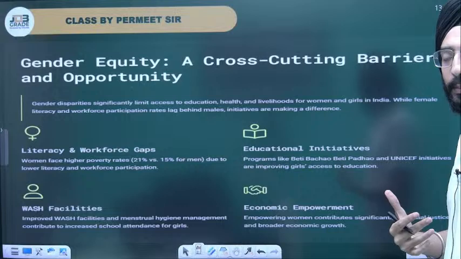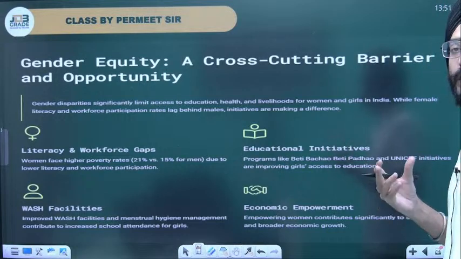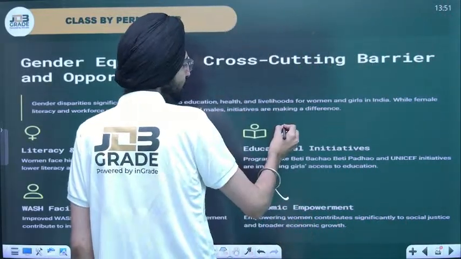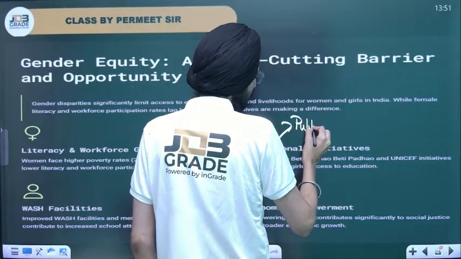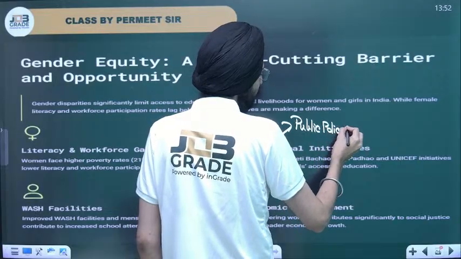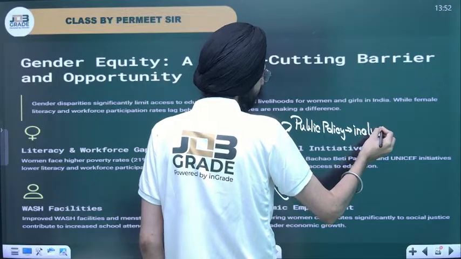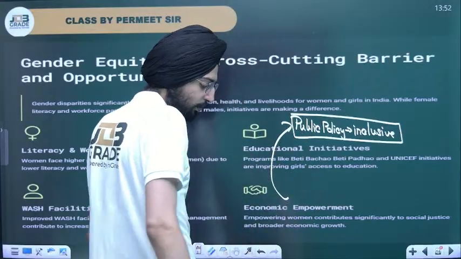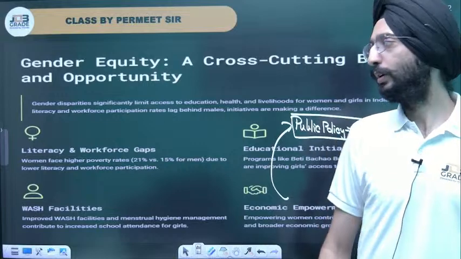We need to increase that, because if we give renowned positions to women, they are going to build a better public policy that will be inclusive. I hope you get this.